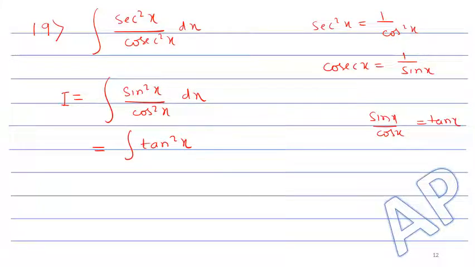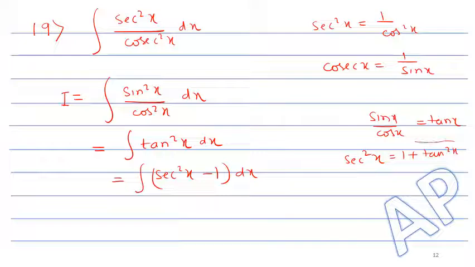Therefore sin square x by cos square x is tan square x dx. But integral tan square x is not a standard integral, so we can write it as secant square x minus 1 into dx. That is, we have secant square x is 1 plus tan square x. This standard formula will be remembered. So tan square x is secant square x minus 1.